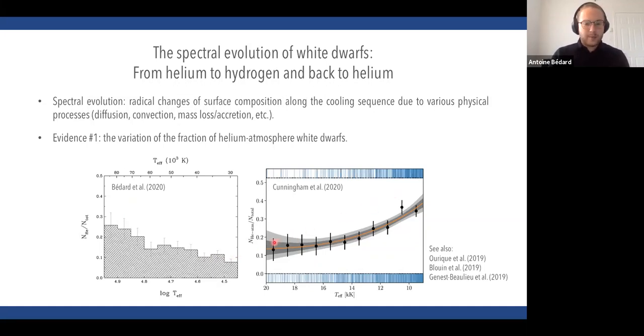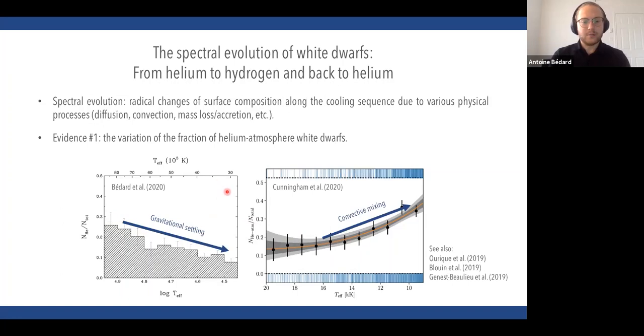So what we think happens is that hot helium-rich white dwarfs have a small amount of residual hydrogen diluted in their envelope, and with time, this hydrogen diffuses upward under the influence of gravitational settling, and eventually forms a thin hydrogen layer at the surface.